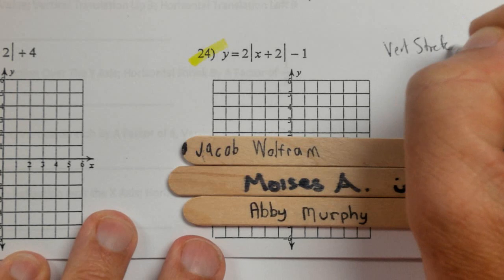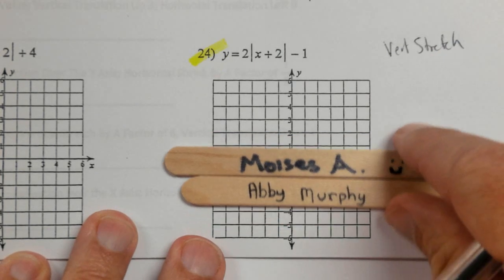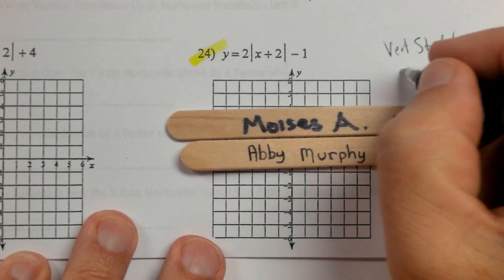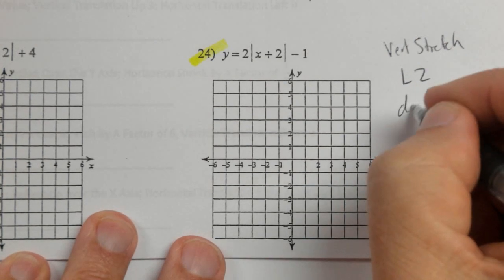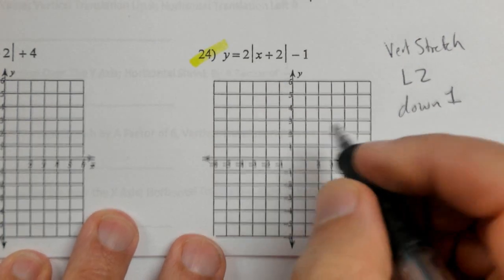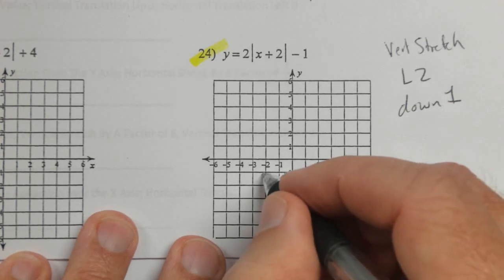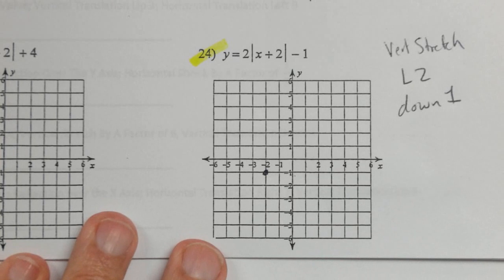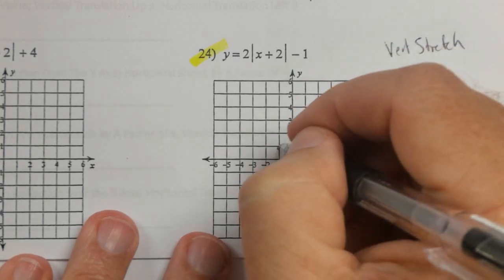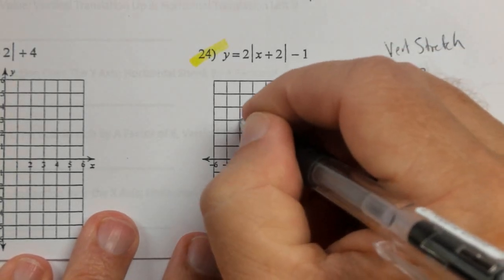Moises, what else is happening? Left 2. And Abby, what's left? Down 1. Okay. Down 1, left 2, vertical stretch. Still no flipping on this one, so just stretching it by 2.